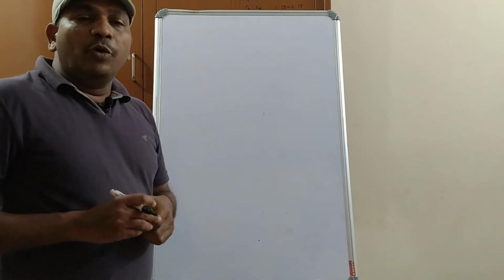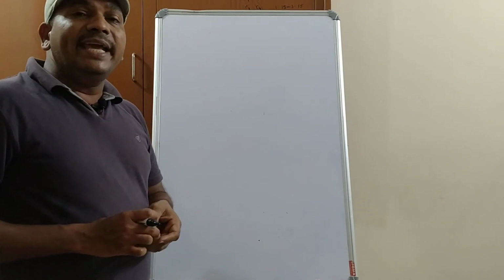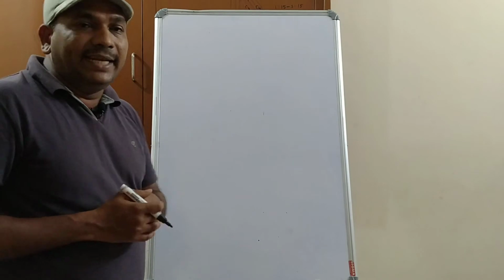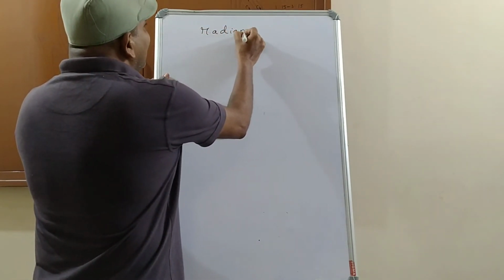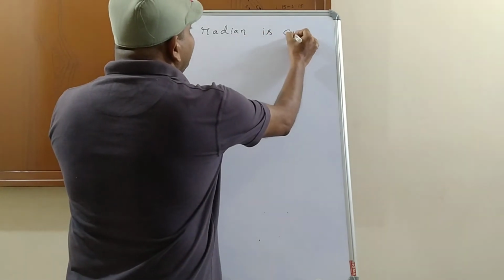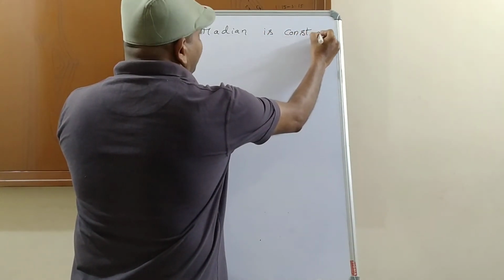Now we have to prove that radian is a constant angle.